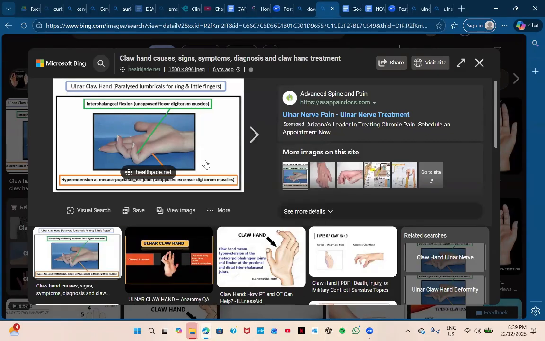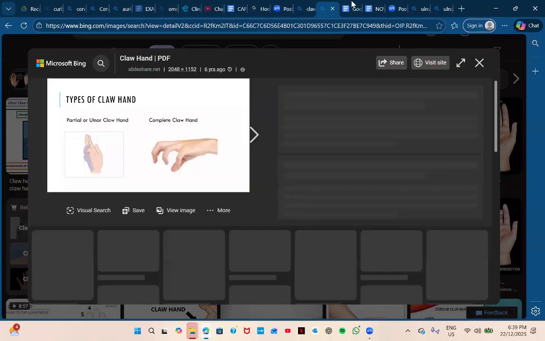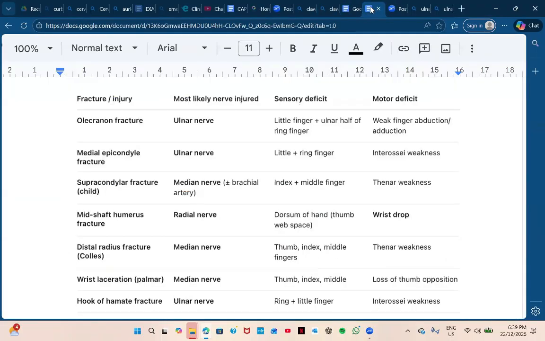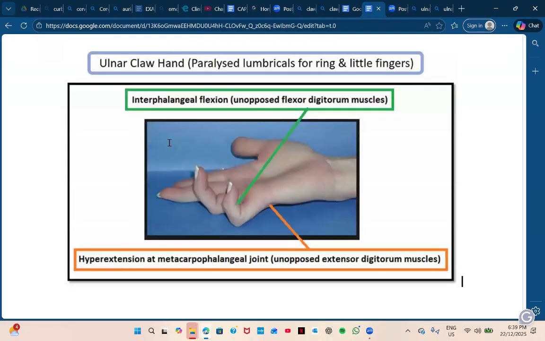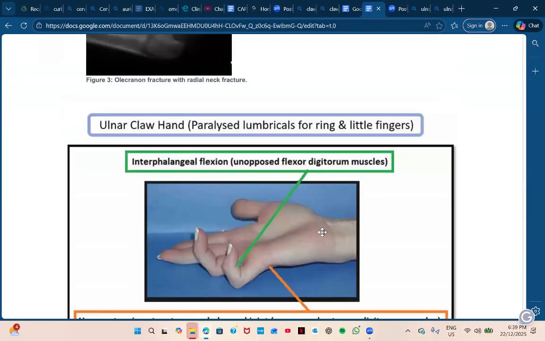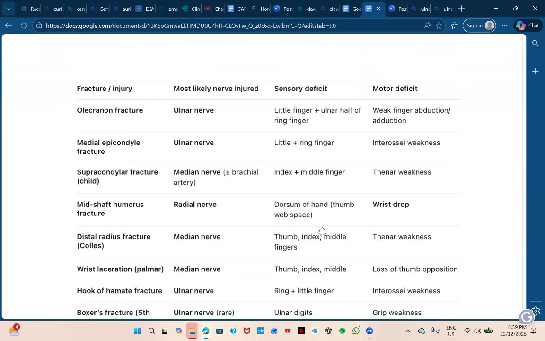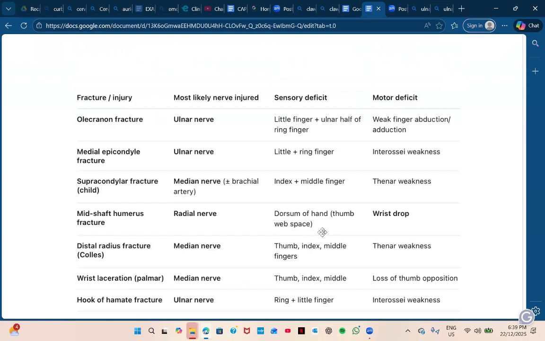I'll add this image as well. It would be easy to identify, right? Here, how it appears. You have to remember these things.